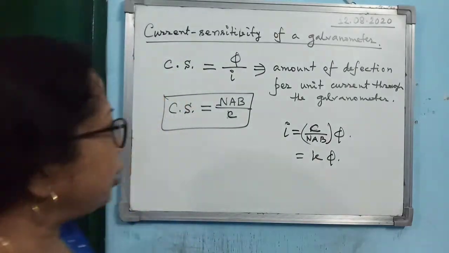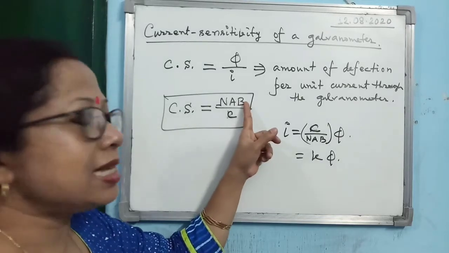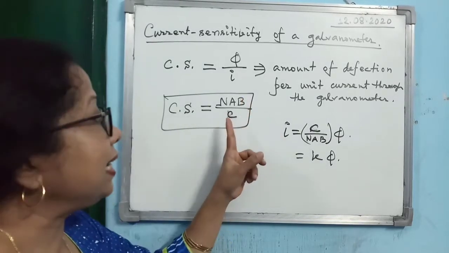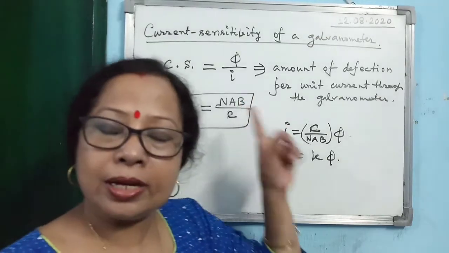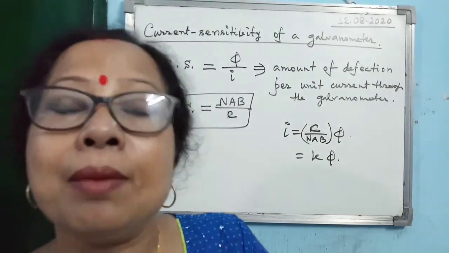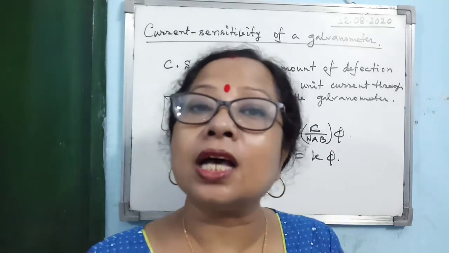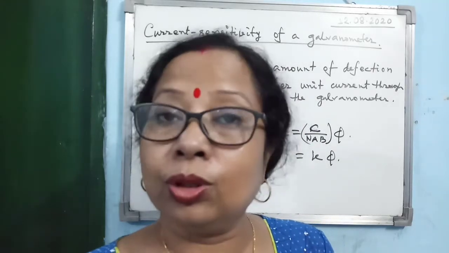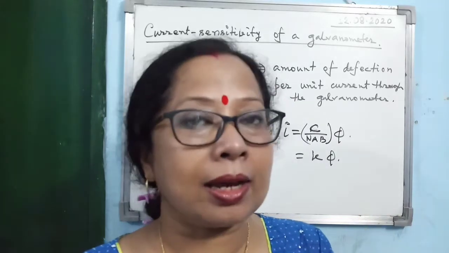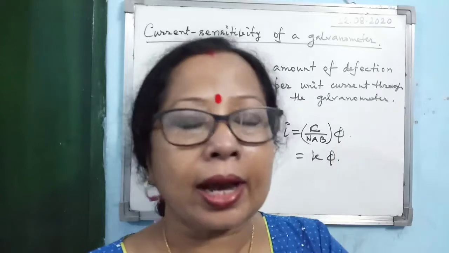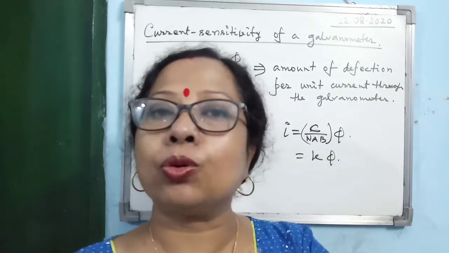That's why generally we increase the current sensitivity by increasing B and by decreasing C. So how to increase the magnetic field? Magnetic field is increased by using a soft iron core. You have seen in the core that within the coil there is an aluminium frame, and within the aluminium frame a soft iron core is used.